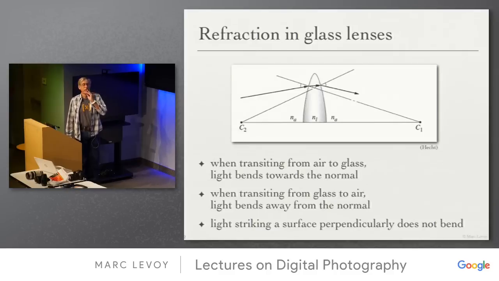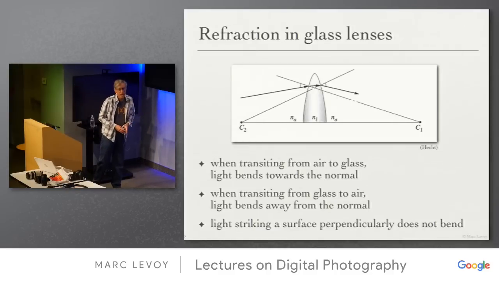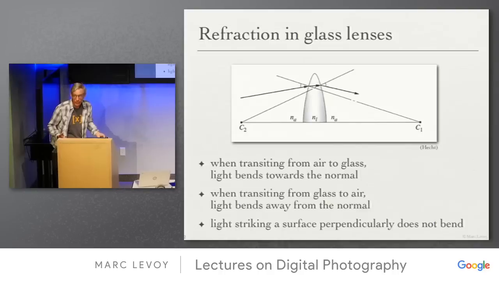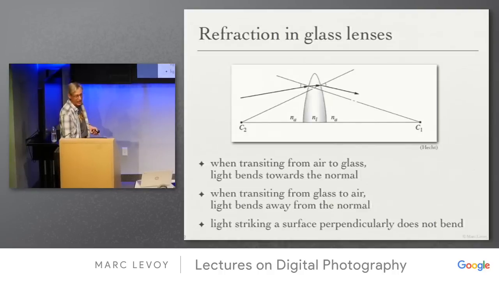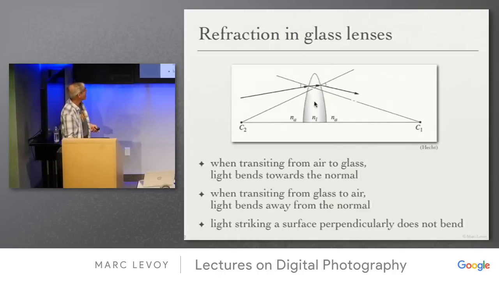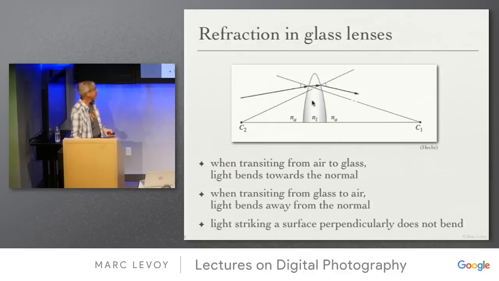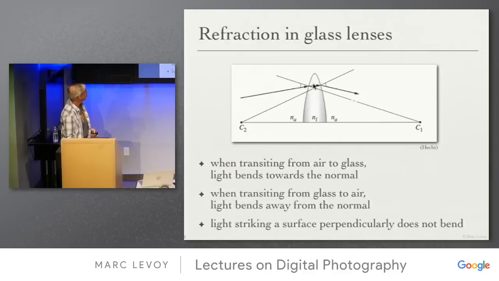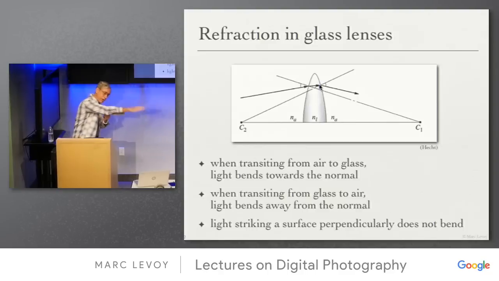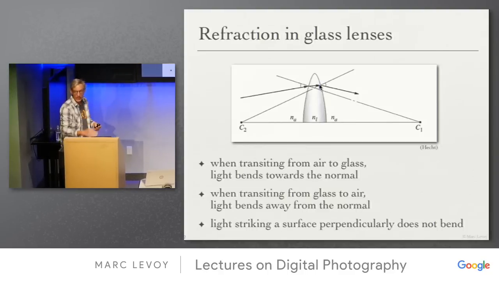Okay, so in a glass lens, the light typically bends twice, once as it enters the glass and once as it exits. And so it's just two applications of the rule I just gave you. The first time it bends toward the normal, meaning to bring it closer in alignment with the perpendicular at that point on the lens.